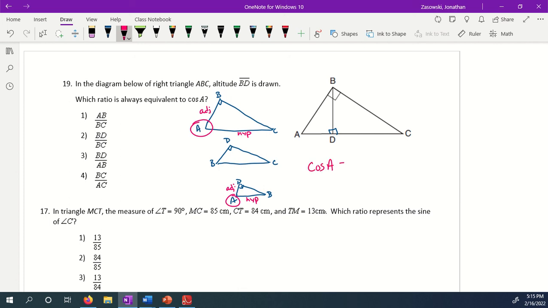So the cosine of A could equal the adjacent, which is AB, over the hypotenuse AC, or it could equal, in the small triangle, side AD over AB. And now we're just looking to match up. Here's AB over BC, that's the wrong side. BD over BC, this is not the right ratio. BD over AB, that's not the right ratio.